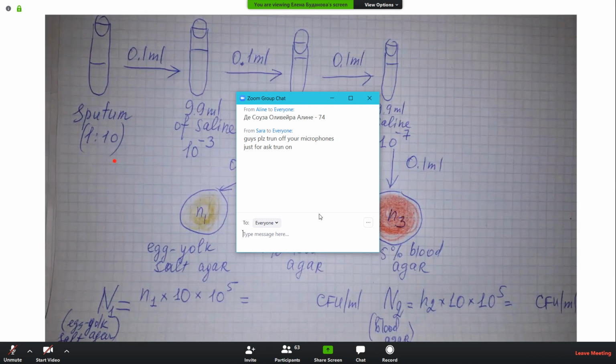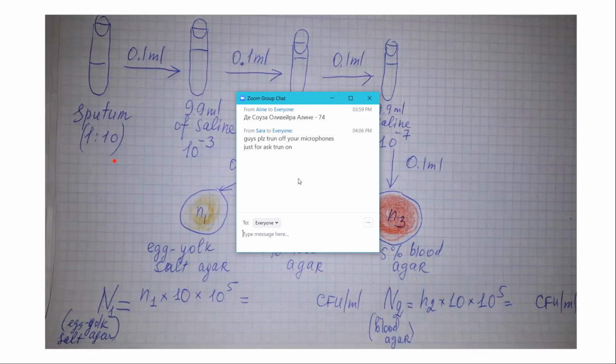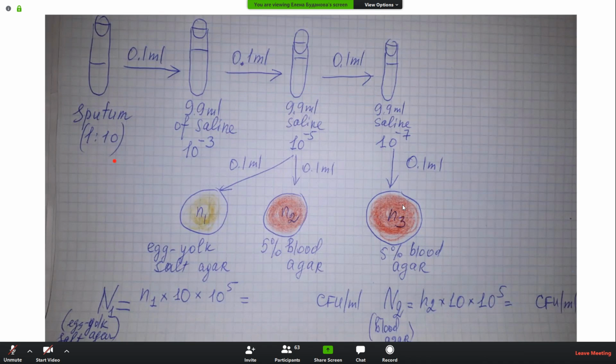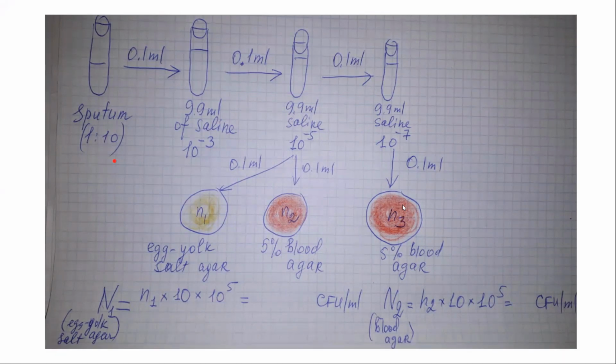So it is above 10 to the power 6, right? Or we can say that it is an etiological agent. It is a causative agent of disease, of pneumonia.